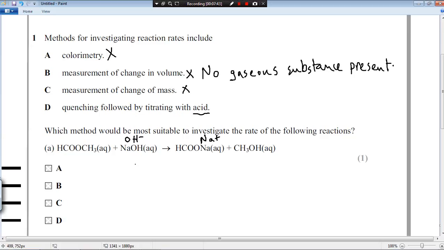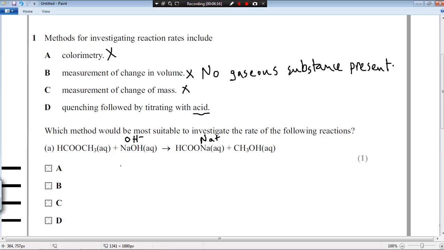It is similar to quenching the reaction of propanol with iodine, where H plus ion is the catalyst. So just like that, if we quench hydroxide ion completely, the reaction would stop instantly. Then we will titrate this HCOO minus with acid, since Na would react with H plus.